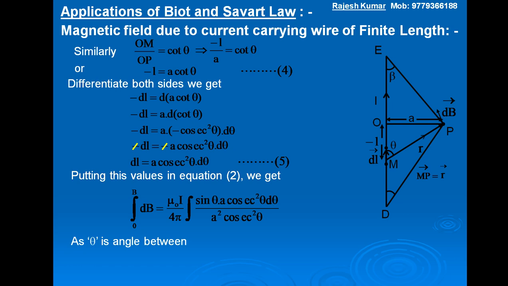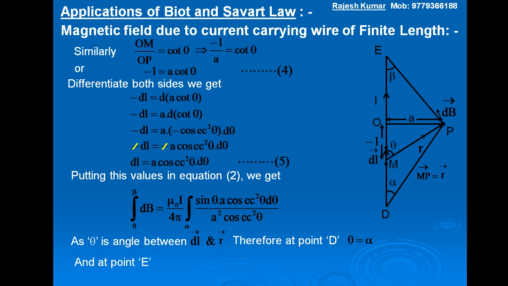As theta is the angle between dl vector and r vector, at point D theta becomes equal to alpha. So the lower limit becomes alpha, because when we integrate by substitution, the limits also change.